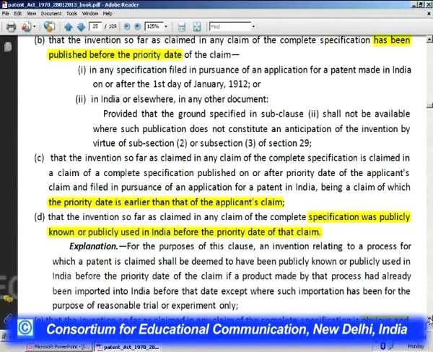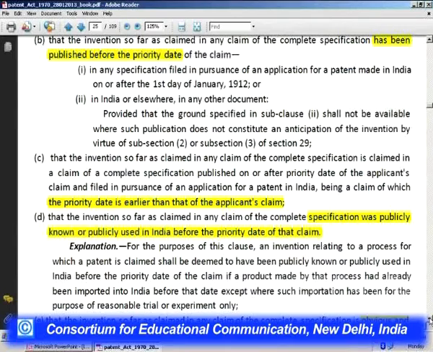And if others are able to prove that their application has been filed earlier than that of the present applicant's claim, then they will at least be successful in getting it turned down from the controller, and the controller will make it a base and deny the patent protection if his application is not on the priority date, not earlier than that of the other applicants.